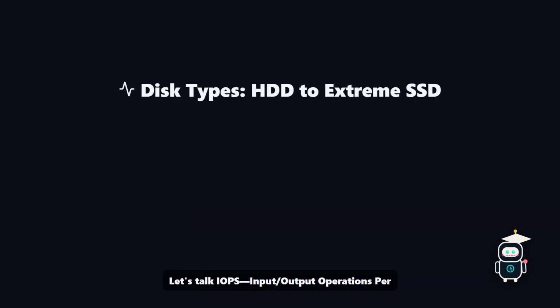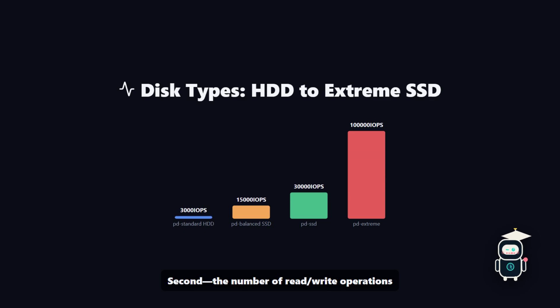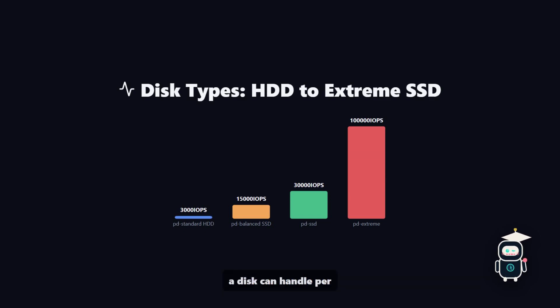Let's talk IOPS, input-output operations per second, the number of read-write operations a disk can handle per second. PD standard HDD typically costs the least per gigabyte and works well for sequential workloads like batch archives. PD-balanced SSD offers a good balance for web servers.